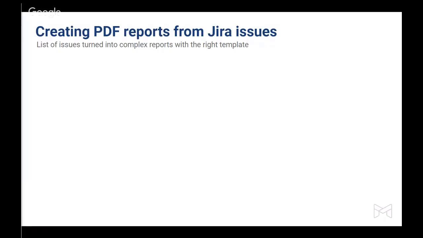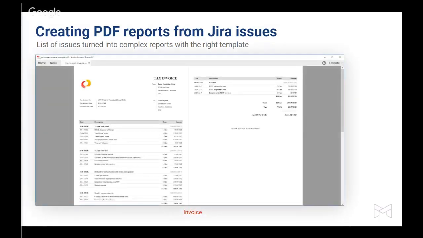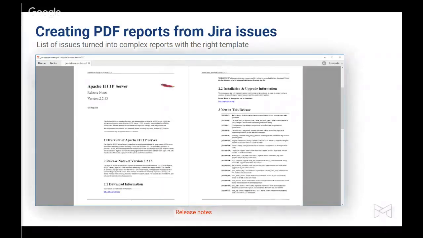You can take a list of issues and create a ready-to-print invoice that summarizes your logged hours and lists your work logs as the invoice line items. Or a release notes that includes only issues that have been resolved since the last release.